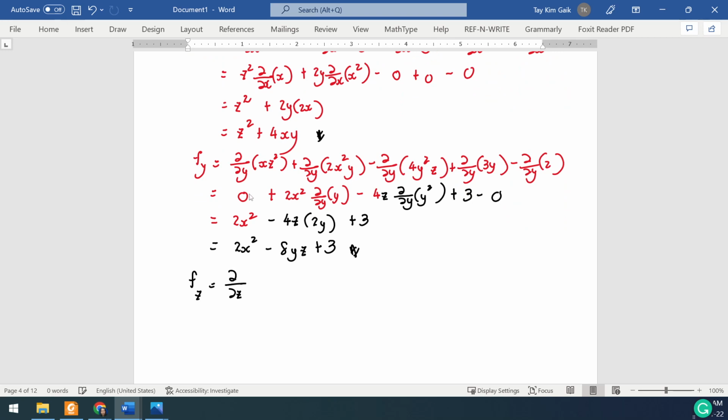Then fz: change ∂/∂y now to ∂/∂z. When you take ∂/∂z, x and y are constant.